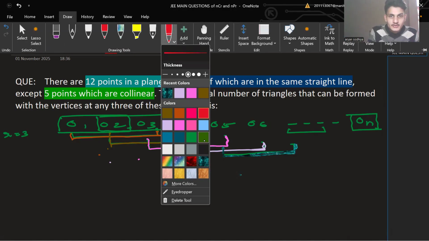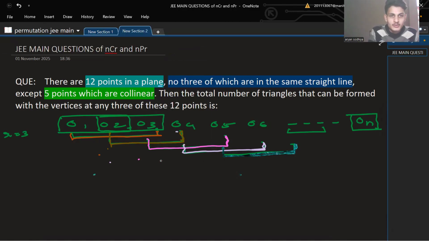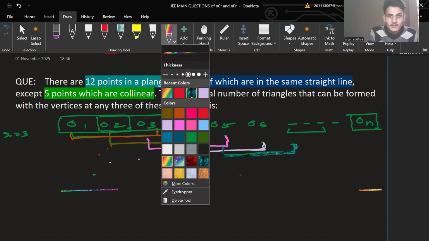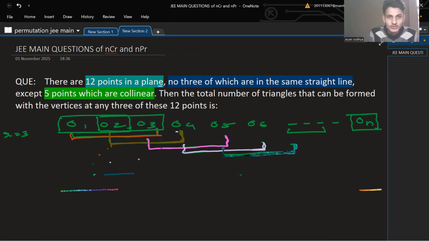Apart from those, these kinds of groups are also possible, like O1, O2 with ON. And more groups like this one: O2, O3 with the ON, where two elements are here and one element is there.